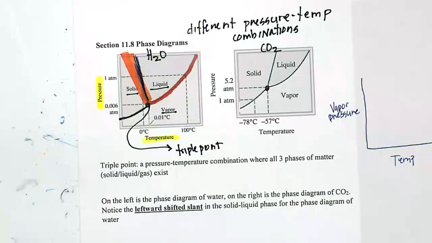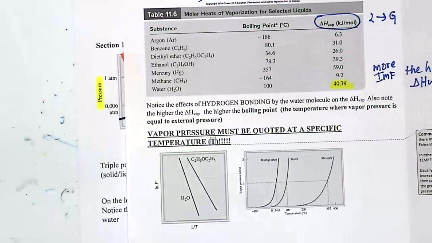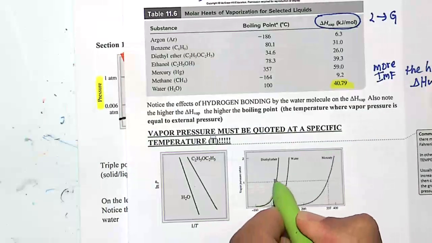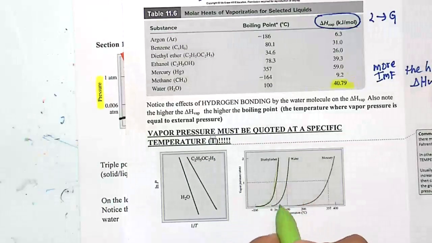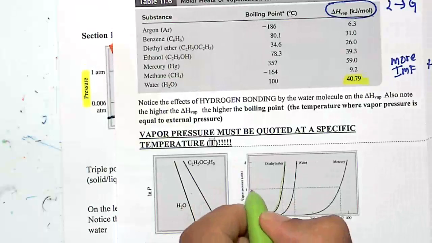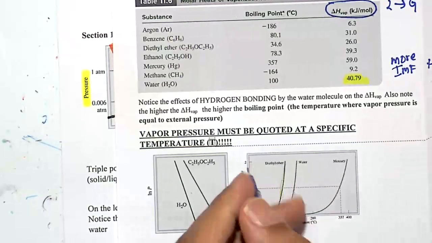The graph of vapor pressure on the y-axis and the temperature on the x-axis, okay, it looks like this. Okay, it has this profile. For diethyl ether, for water, for mercury, and if you go at 1 atmosphere, this is the normal boiling point.